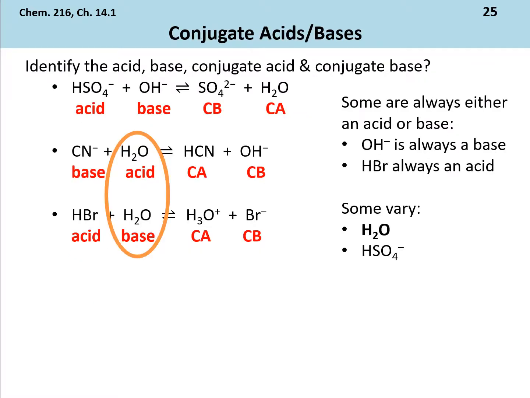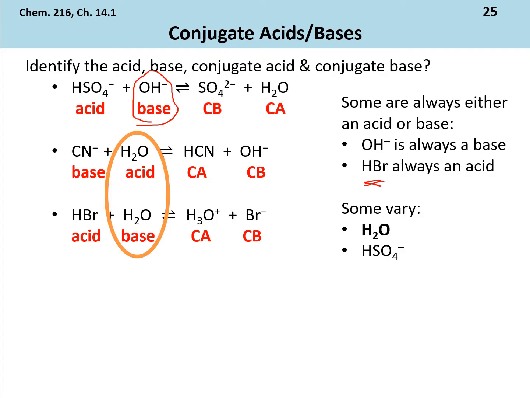Now, we've gone through some problems, and we've called some things acids and bases. Some of these are actually from the video lesson you're going to do. What you should know is that some compounds are always either an acid or a base. OH- is always going to be a base. HBr is always going to be an acid. But some things are sometimes an acid and sometimes a base.